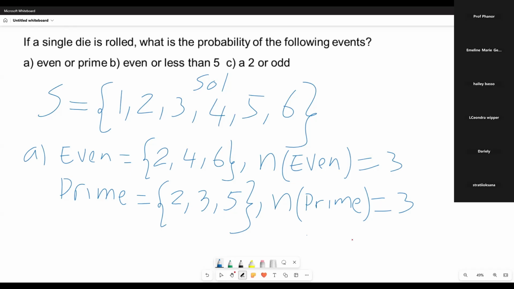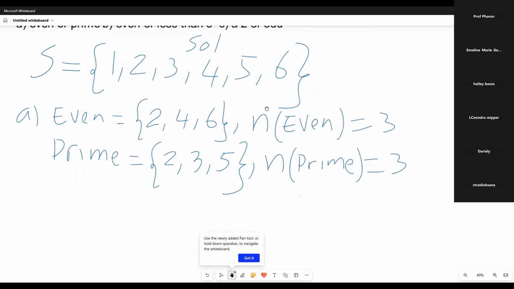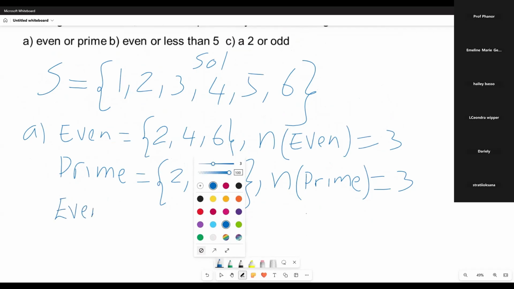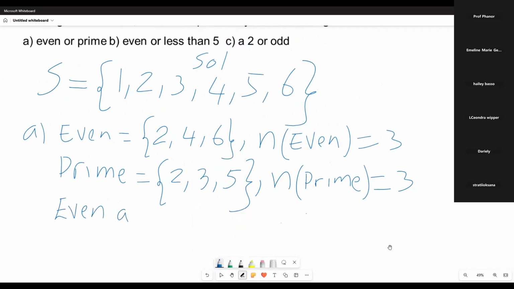Not only look at the outcomes. And they both have 2. Yes. So these two events are not mutually exclusive because they have a number 2 in common. So therefore, even and prime will be just 2.